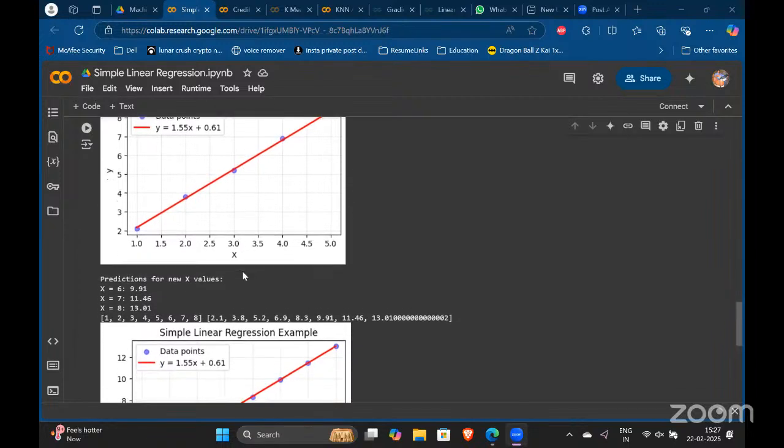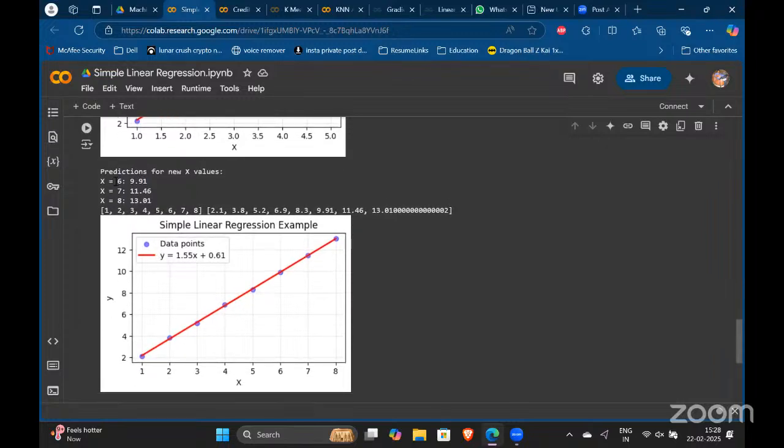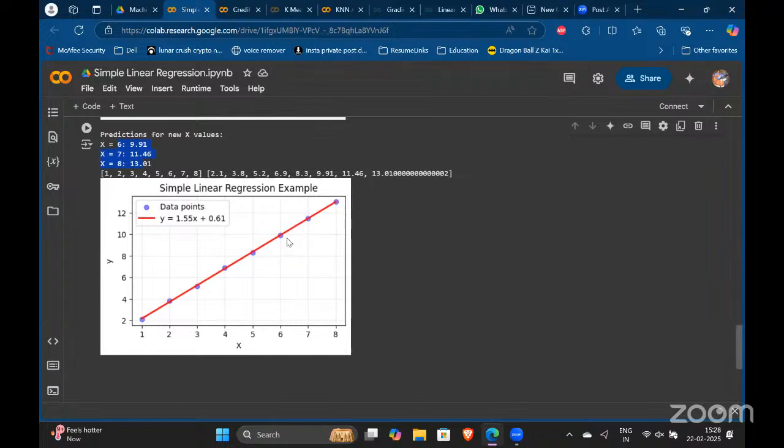After our prediction, these are the values that we'll be getting for 6, 7, and 8. After predicting these values, we'll be plotting them on the graph, and you can see that these values are directly on the line. Now, did you understand why these points are directly on the line with no deviations?